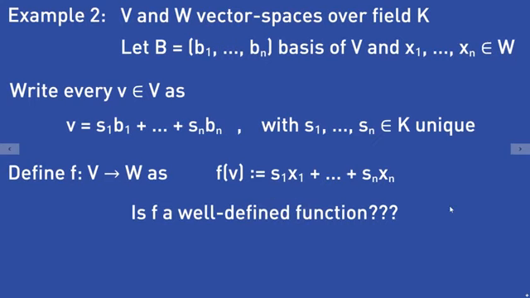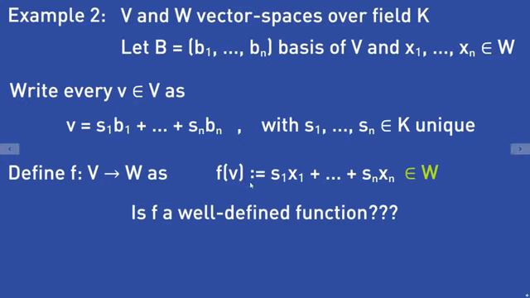So first of all, the function values are in the space W, because x1 to xn are vectors in the space W, and linear combinations of vectors of a vector space are inside of the vector space again.